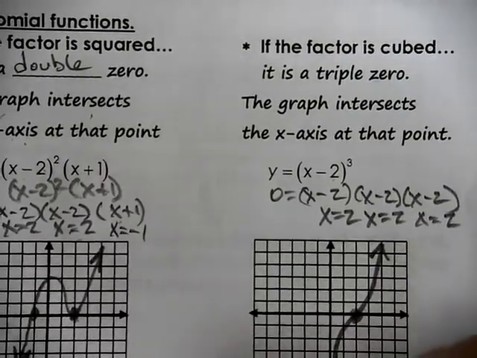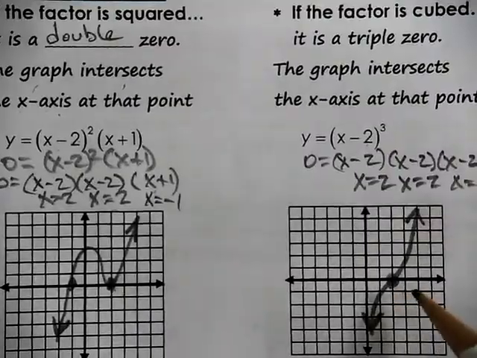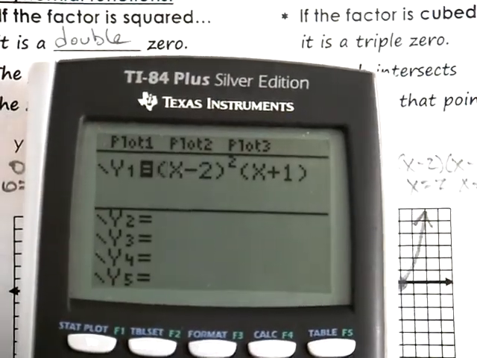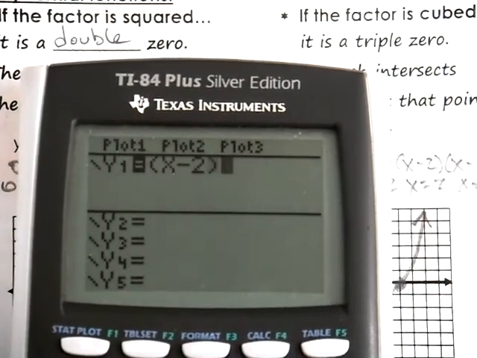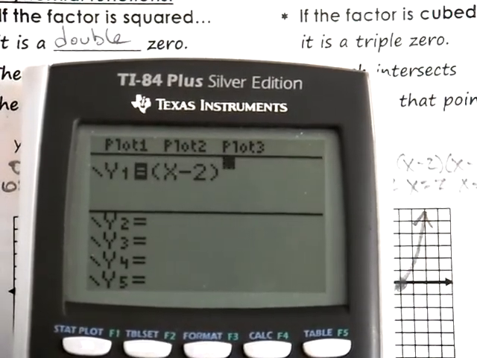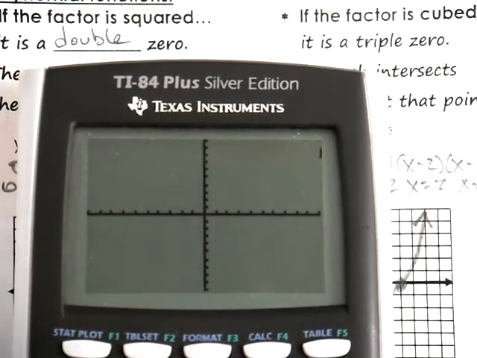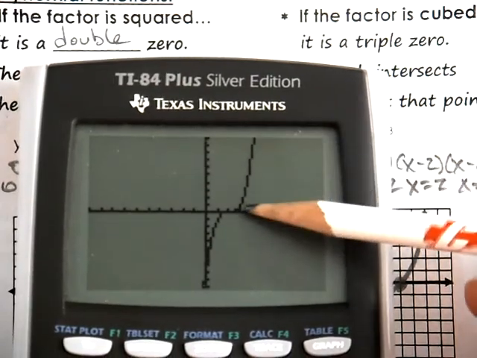You have to account for 3 separate zeros. Let's see what that looks like in our calculator to see that I'm not crazy. We have x minus 2 cubed. That's how you'd have to write it. And you graph that, and it's going to come up, it wiggles through there, and continues on.